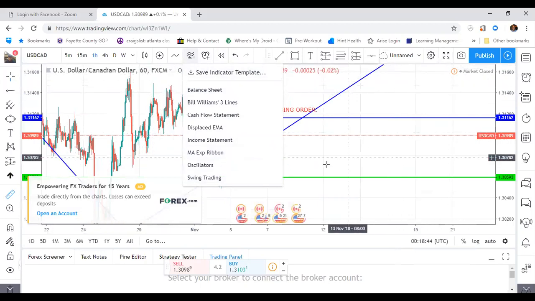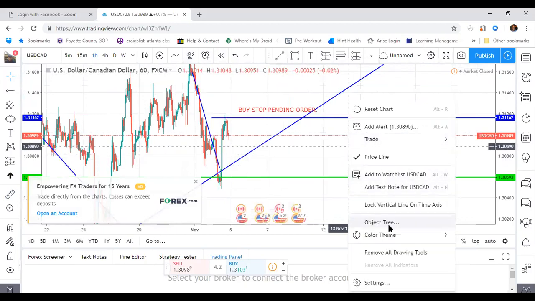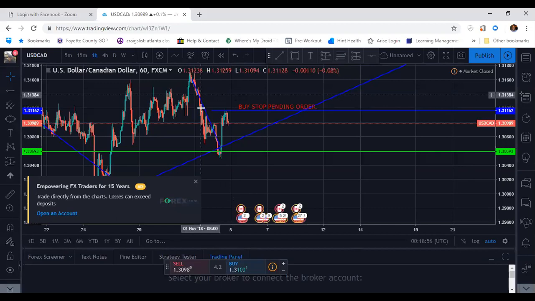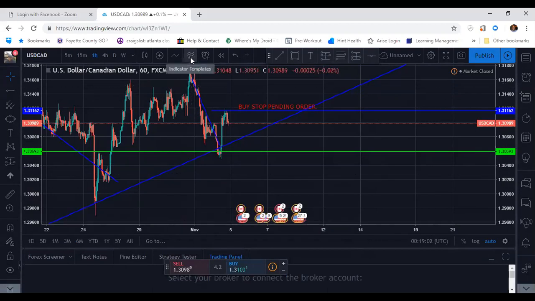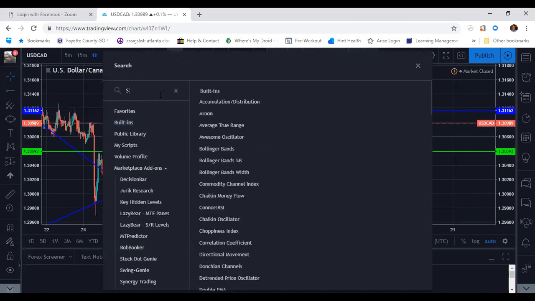Oh, guys, I'm going to go back to my dark here because I'm more familiar with that. Oh, okay, much better for me. Let's see, where are my indicators? That's my templates. There we go. Now I can see that.